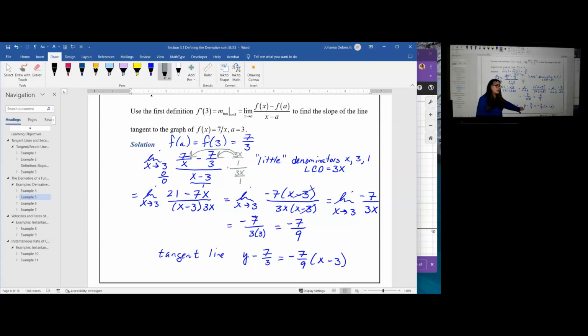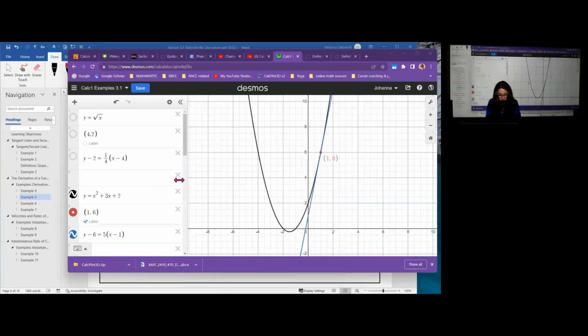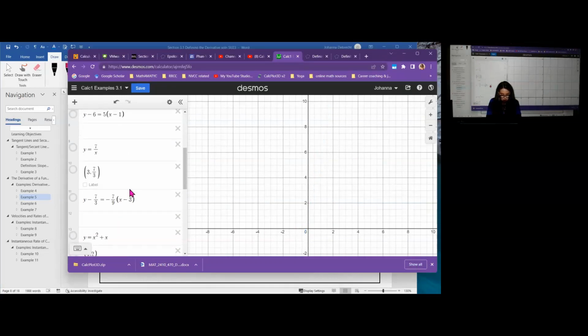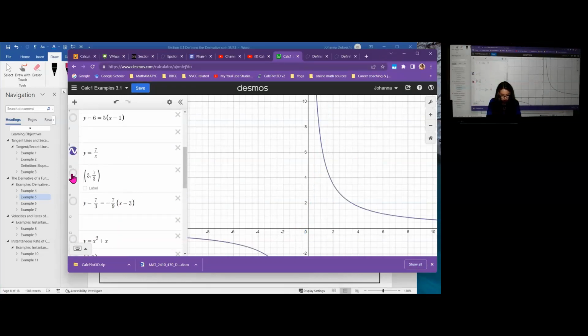Finally, I write the equation of the tangent line as y minus the y value for f of a equal to the slope times the quantity x minus a. Let's take a look at our graph and see if this one also meets our expectations. I've got to turn all of these off, and now I'll turn the others on.